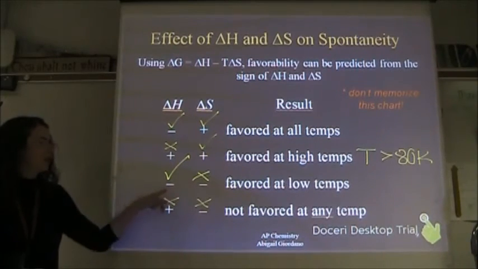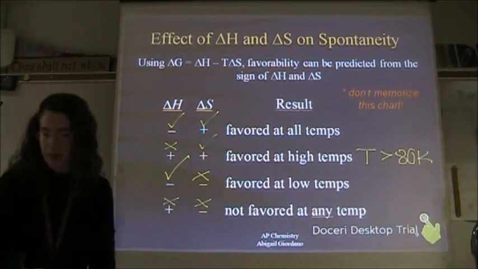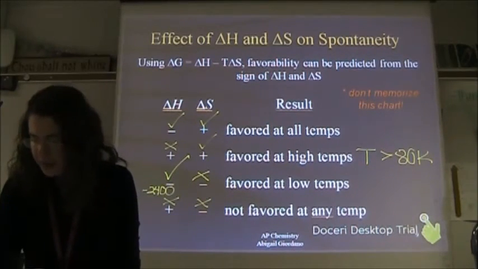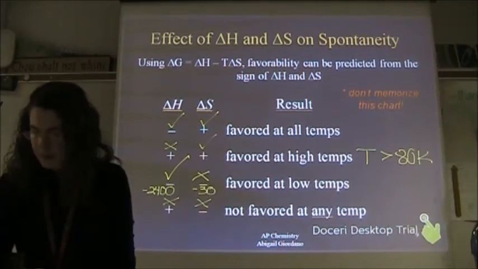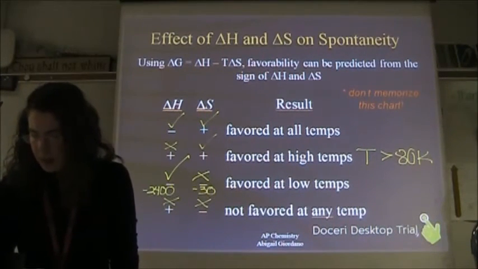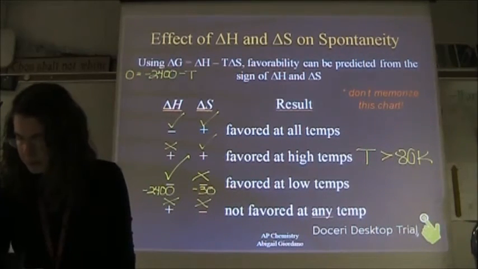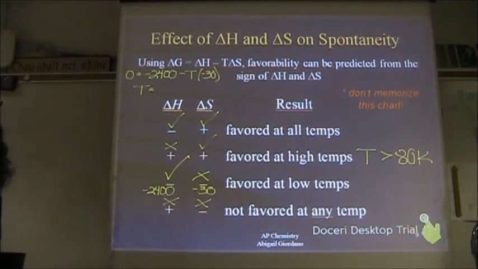I'm going to choose numbers. I'm actually going to choose the same numbers. I'm just going to make them negative. So let's say that's negative 2400 and this is negative 30. If we come back up to the top, what do you get?